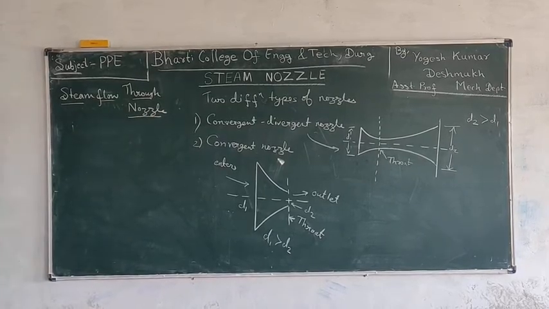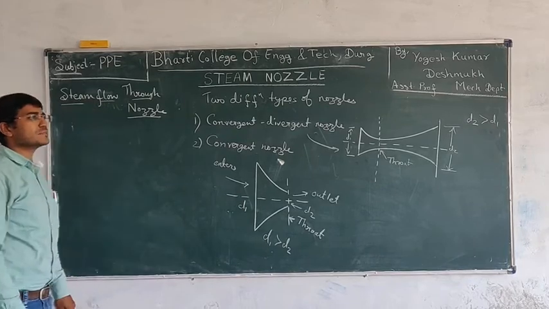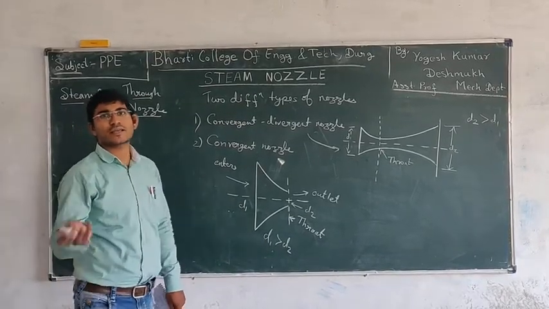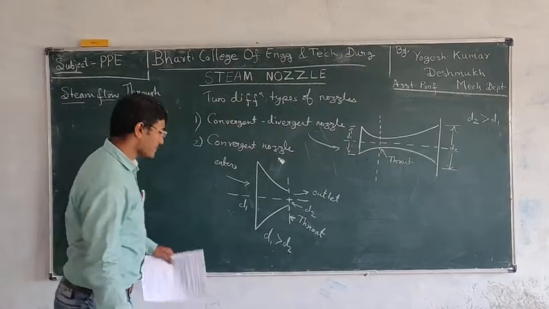How steam flowing through a nozzle will impact the steam's physical quantities, that is pressure, velocity, kinetic energy or specific volume.